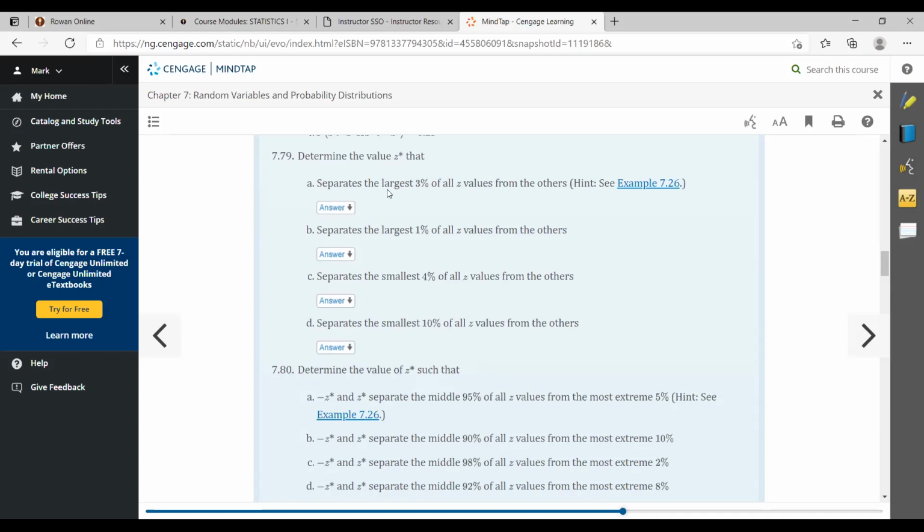Now they say that separates that from all the other values. What they're really saying is what is the smallest z such that 3% of the area is to the right of it. Again, you draw a curve and then you have your 3% to the right of the z and you call it z star, and then you're trying to find that z where the area to the right is 0.03. 0.03 is the equivalent of 3%.